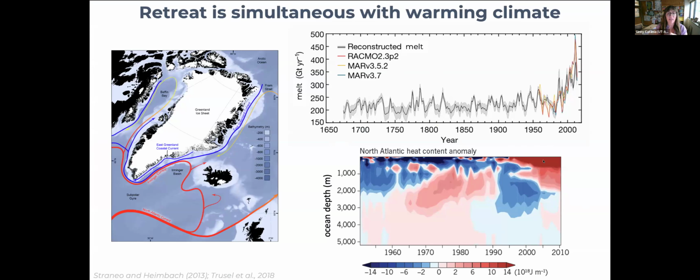And around the 1990s, we began to see this large heat anomaly of warm waters being delivered via this North Atlantic current, which snakes up onto the west coast of Greenland. And then this is a reconstruction of surface melt from an ice core showing in gray, and then different regional climate models that basically corroborate that there was this increase in atmospheric-driven surface melt that began in kind of the same time period.